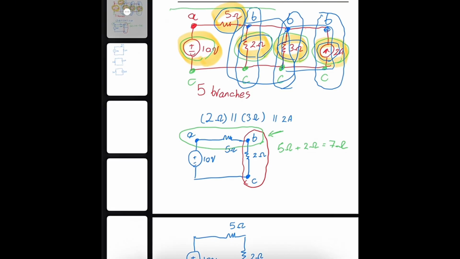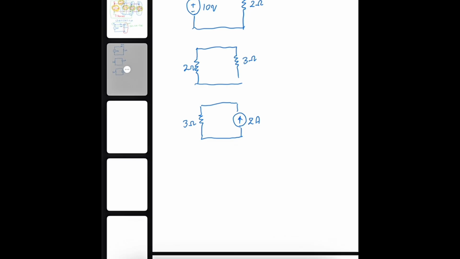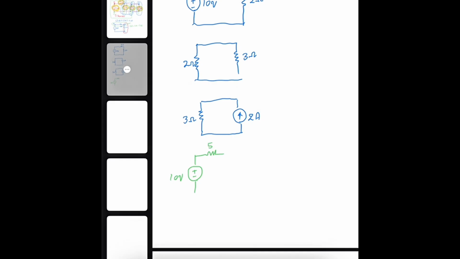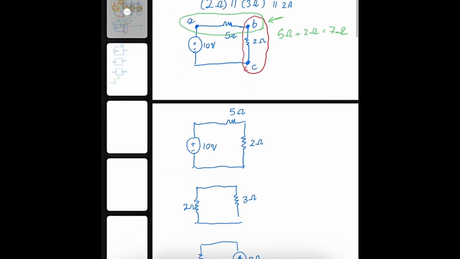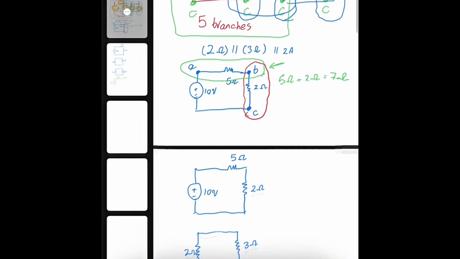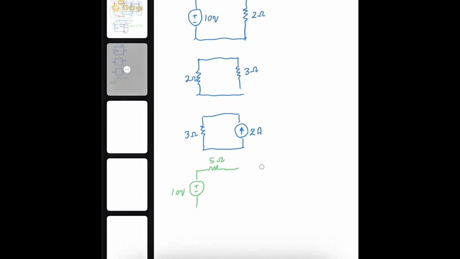I can consider this green one as one closed loop, including 10 volt, 5 ohm resistor, and it goes to here, that's 3 ohm.